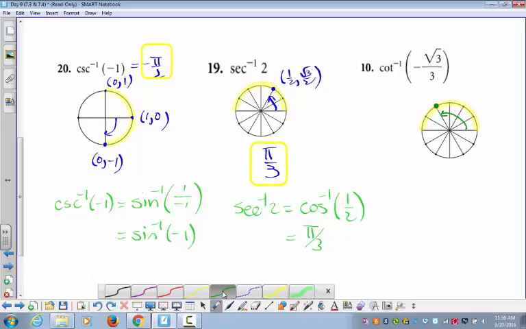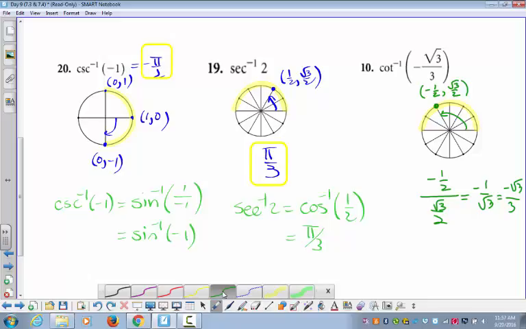To convince ourselves, let's look at the ordered pair, -1/2, √3/2. Cotangent is the x value divided by the y value. The 2's cancel, we get -1/√3. And if we rationalize the denominator, we get minus √3/3. So that would be the angle that has a cotangent value of minus √3/3.